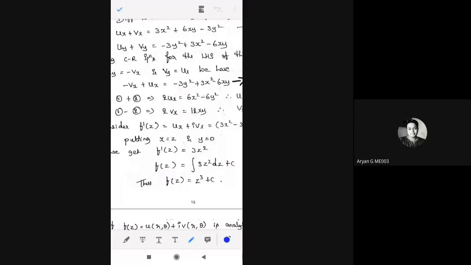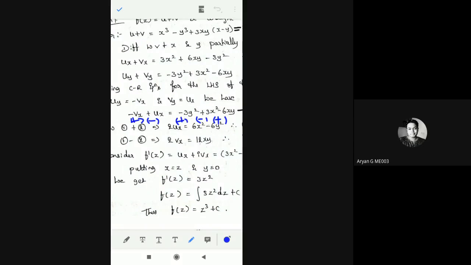When you subtract, this ux gets cancelled to give vx plus vx, 2vx. So all the signs will get changed in equation number 2, because we are subtracting: here plus sign, here minus sign, and here plus sign. Now see the equation. So this is equation number 1.